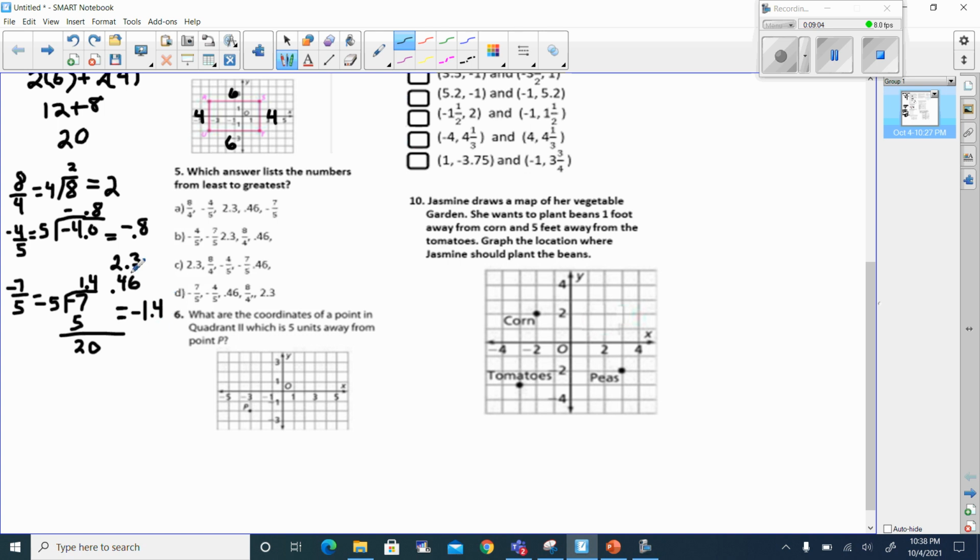Okay. All right, now let's compare these numbers. If we were to put them on a number line, let's see. Well, if this is 0, I know these negative numbers are going to be over here. And then the negative 1.4 comes farther over here. And it was representing negative 7 over 5, so that'll be negative 7 over 5.